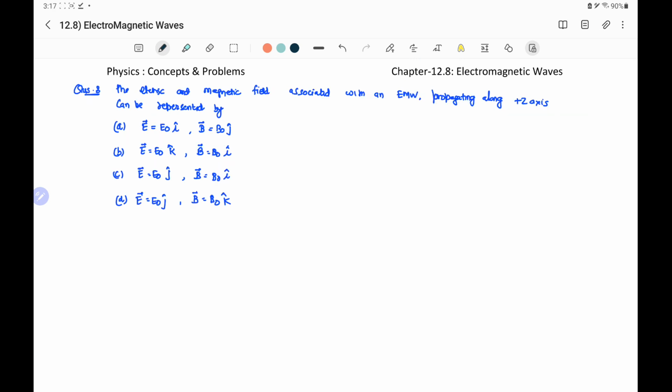Next question is, the electric and magnetic fields associated with an electromagnetic wave propagating along the plus z direction can be represented by.